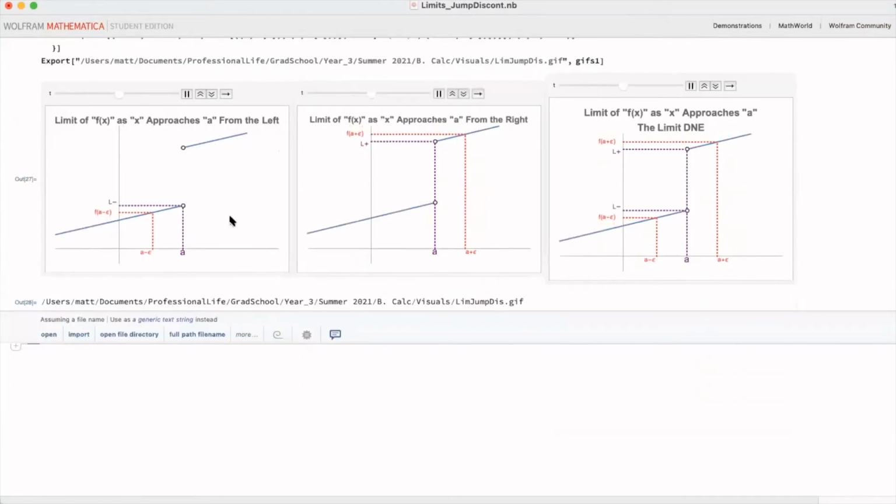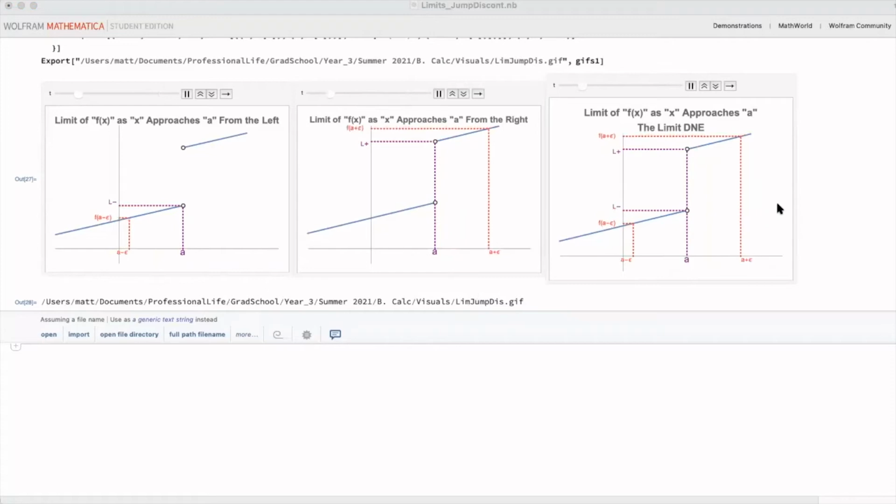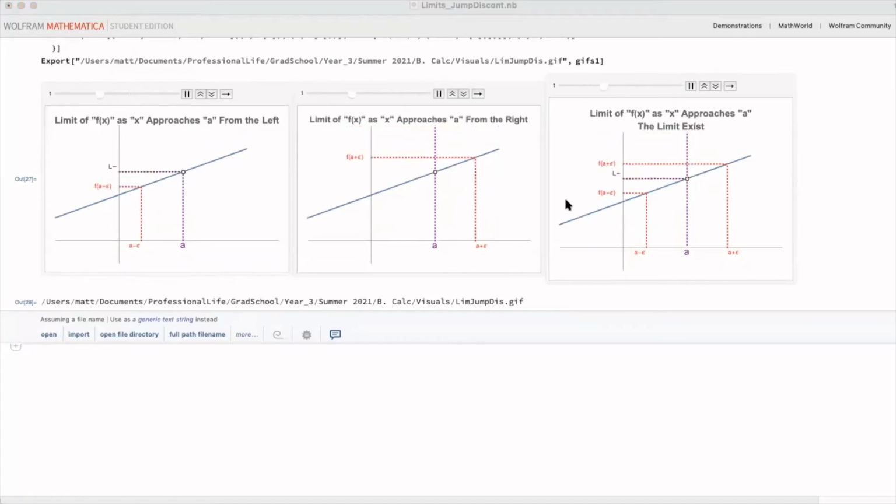All right. So this is this button, this is the other one. Beautiful, perfect. All right. So what our limit is doing.